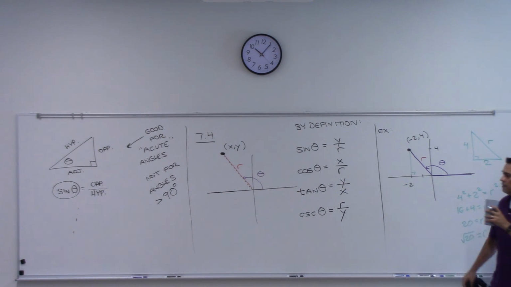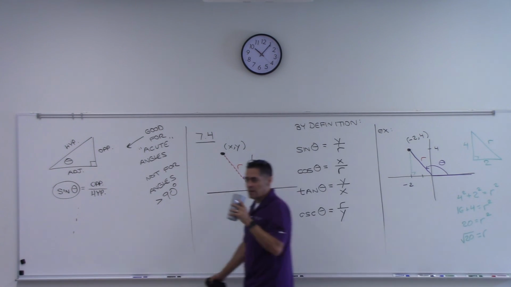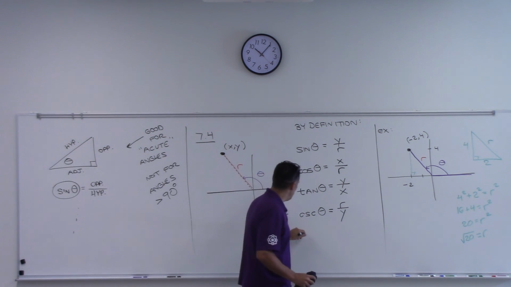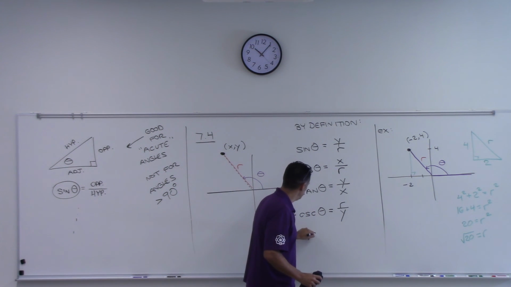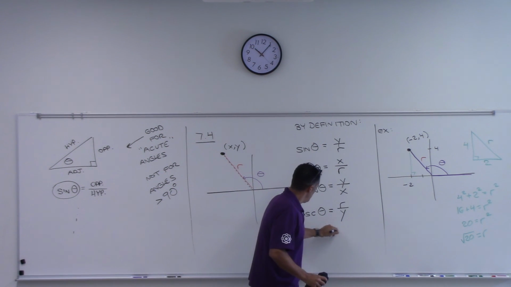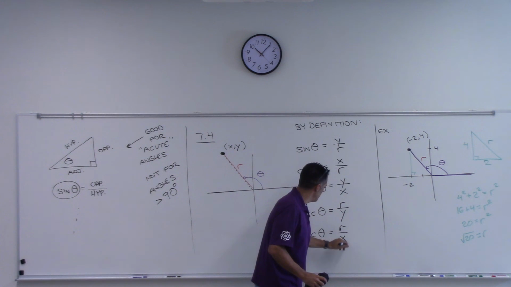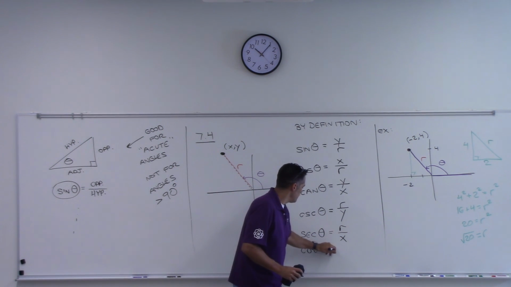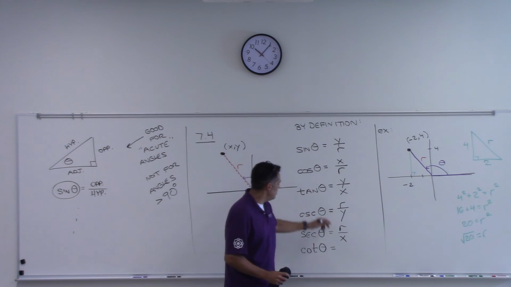And then what's secant? That's the reciprocal of cosine, so it should be r over x. And then cotangent will be the reciprocal of tangent, so x over y.